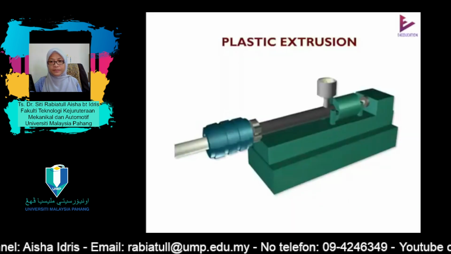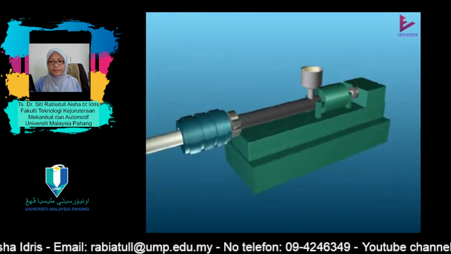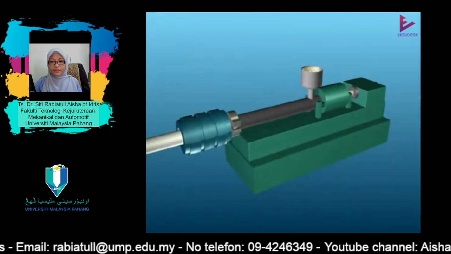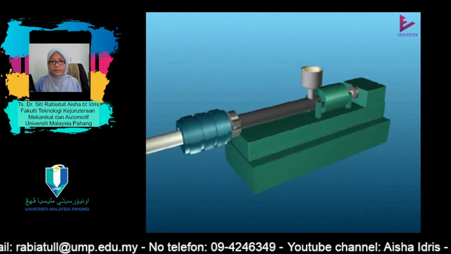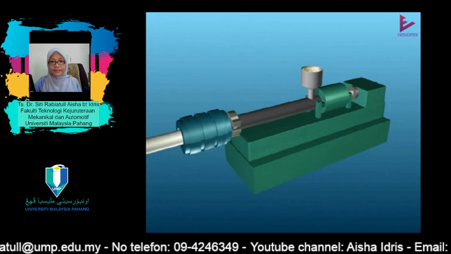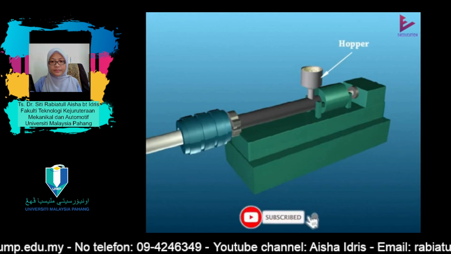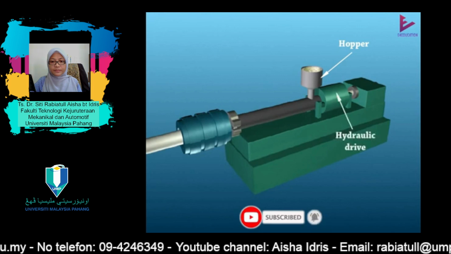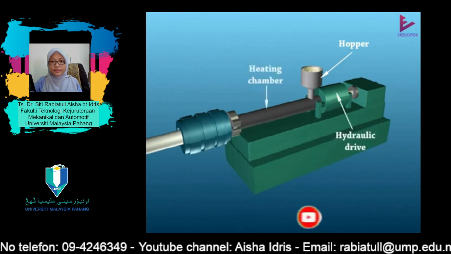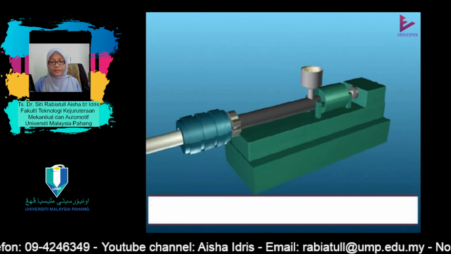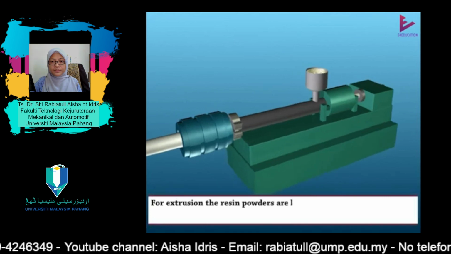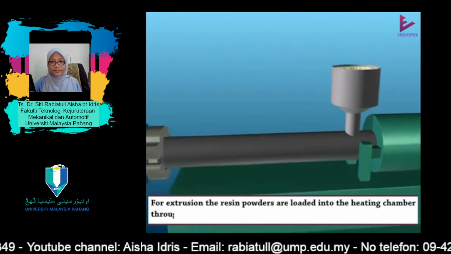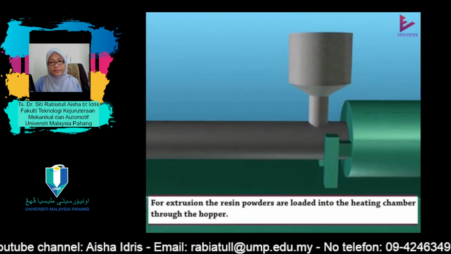Plastic extrusion. This video shows how plastic parts are made by extrusion process. A typical plastic extrusion machine has hopper, hydraulic drive, heating chamber. For extrusion, the resin powders are loaded into the heating chamber through the hopper.